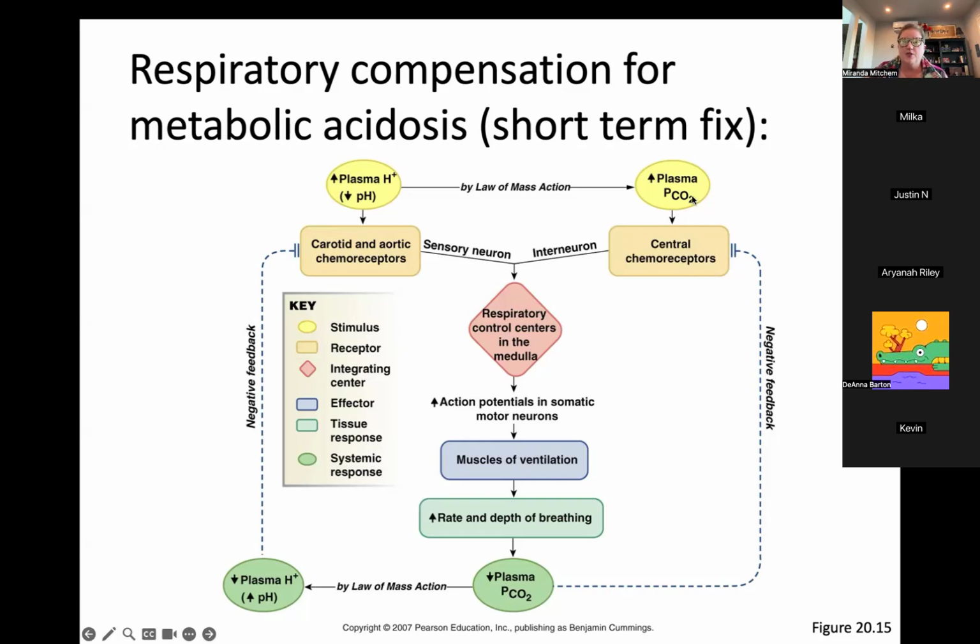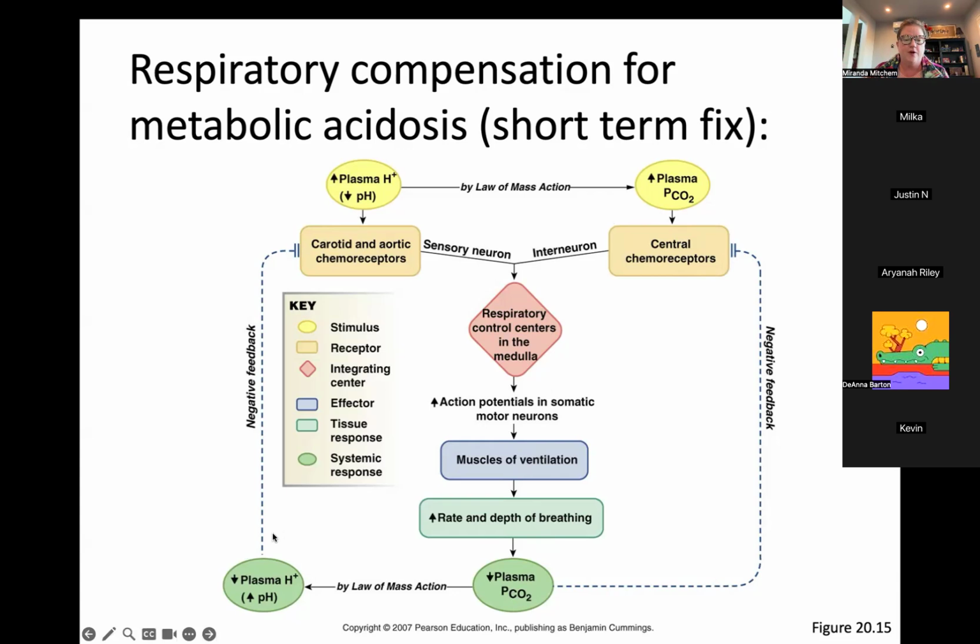So our CO2 concentration is going to be picked up by chemoreceptors really throughout the body, and it triggers the same pathway. But once we get our PCO2 down, we have our negative feedback that is going to be picked up when the chemoreceptors know that they're at their normal homeostasis.